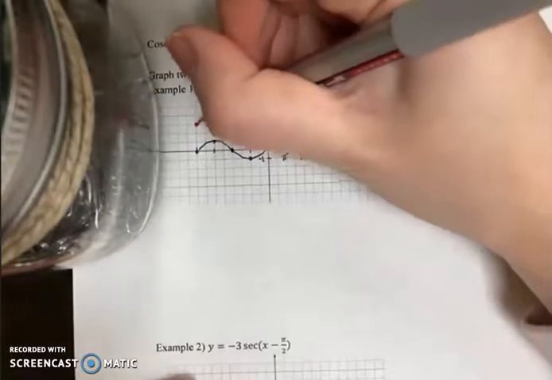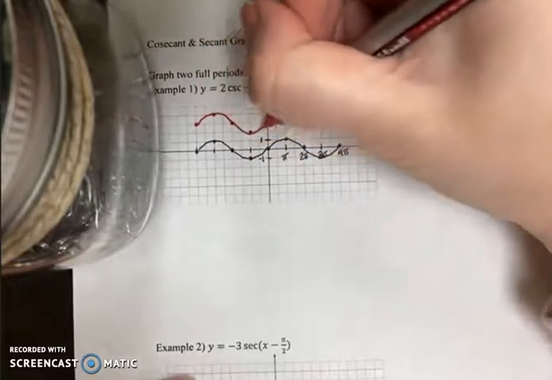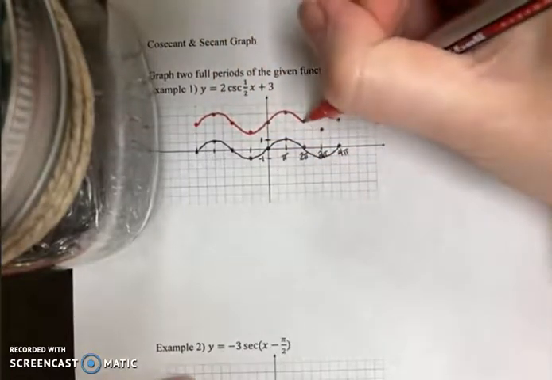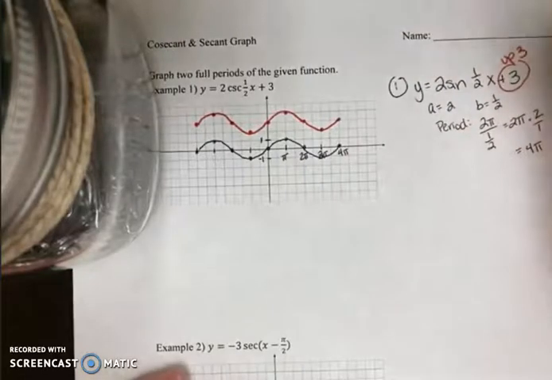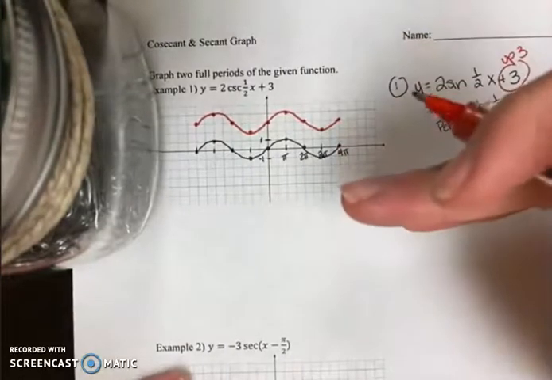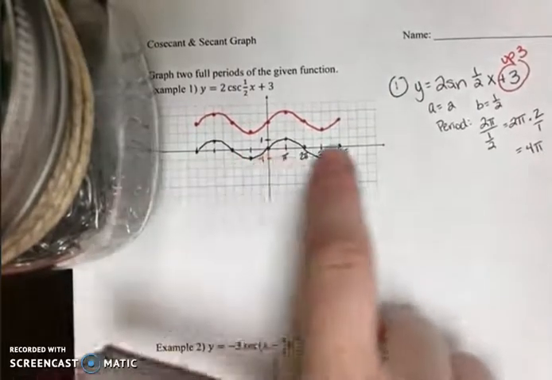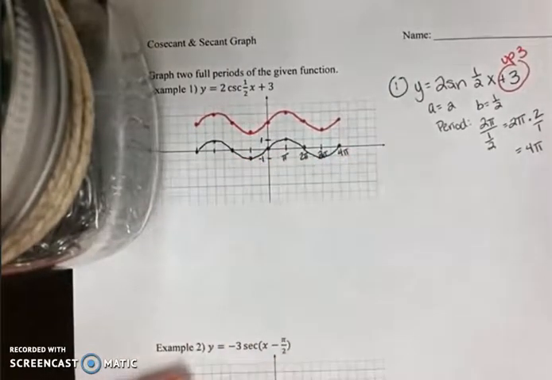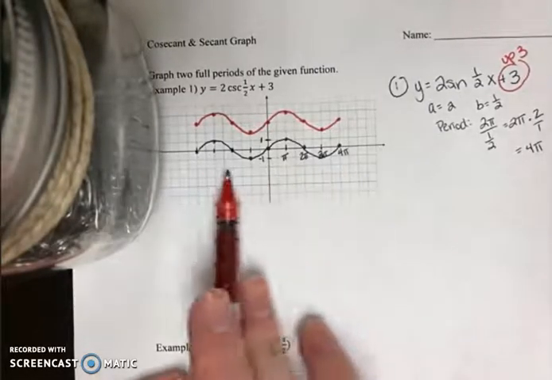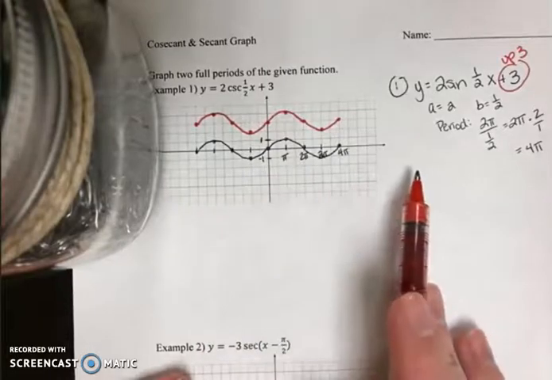Okay, here's my graph after it's been shifted up 3 units. Now, I was talking about this in the previous video. Once you've moved it up or down because of a k value, your center line, that's the line that cuts your graph in half, also called the line of symmetry, has been moved. So now I no longer have a center line on the x-axis.